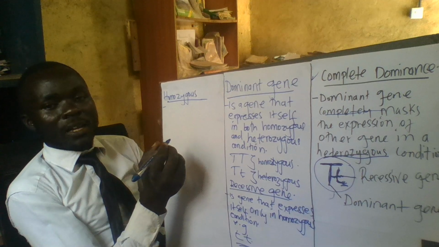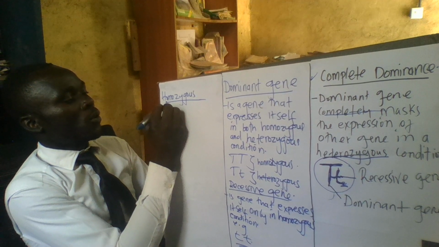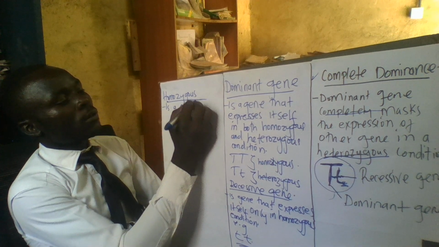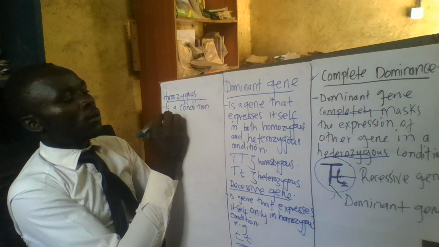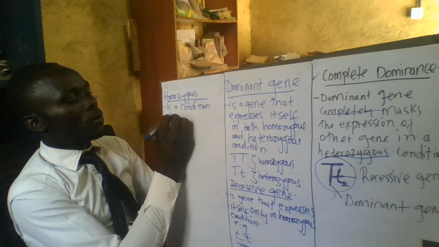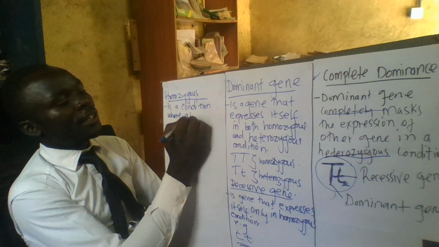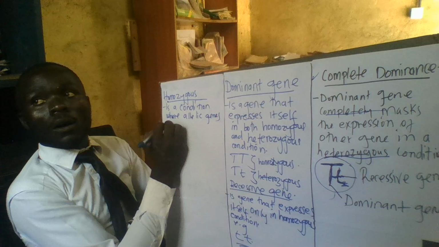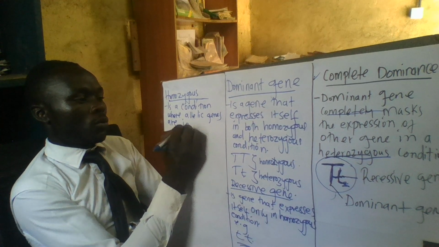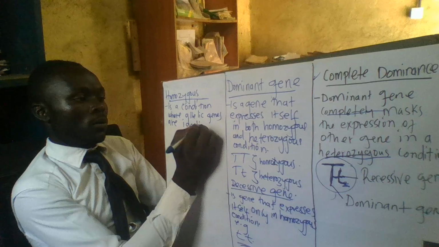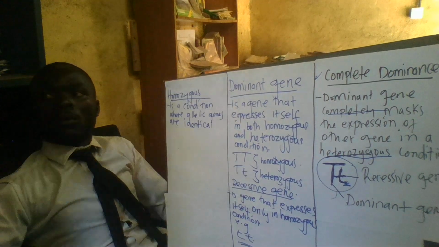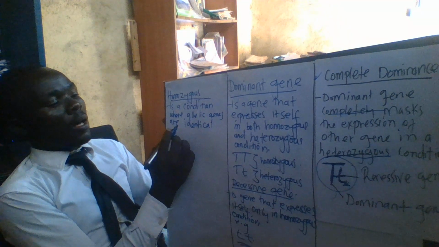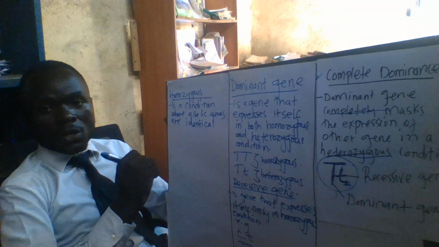Homozygous is a condition where allelic genes are identical.